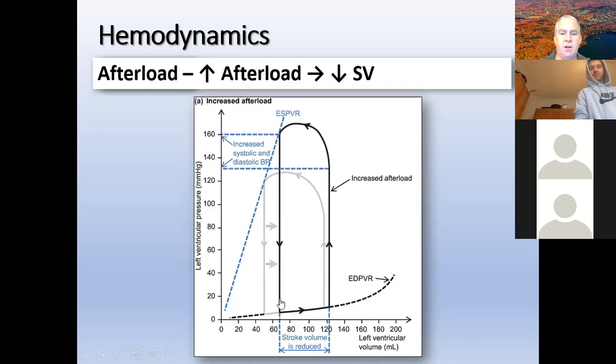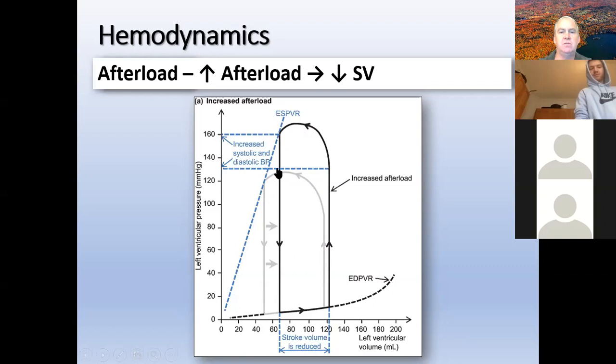So when you've got an increased end systolic volume, you're going to get a little more stretch because you're still filling. You can't quite fill as much because there's more pressure in there to begin with, but you're filling more than you would have without this increased afterload. And then now you have to push against a higher pressure, so you're not getting as much out.